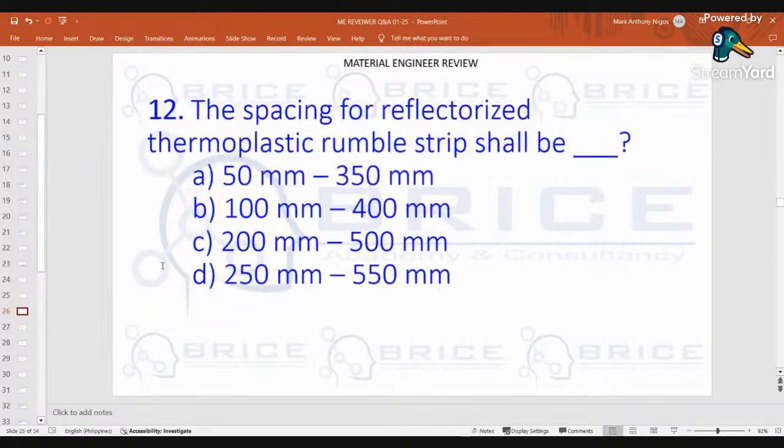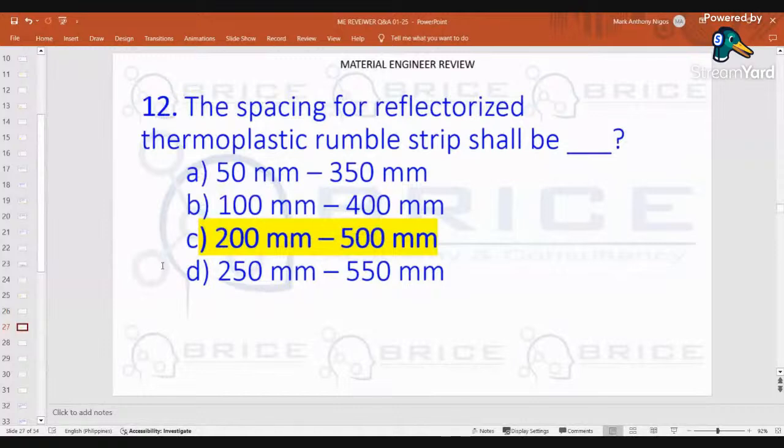Number 12, spacing of reflectorized thermoplastic crumble strip shall be blank. A 50 mm to 350 mm, B 100 mm to 400 mm, C 200 mm to 500 mm, D 250 mm to 550 mm.